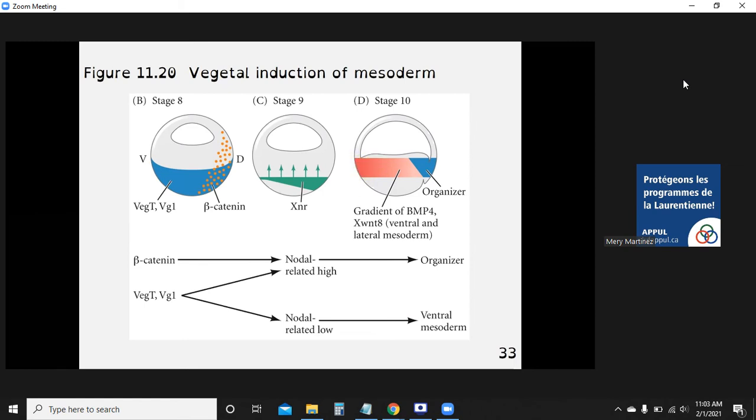Okay. So mesodermal cells with little to no Xenopus nodal-related genes have higher levels of BMP4 and WNT. So these are the higher, and that is the ventral mesoderm. Mesoderm cells with an intermediate amount of Xenopus nodal-related become lateral mesoderm. So all over here will become lateral mesoderm.